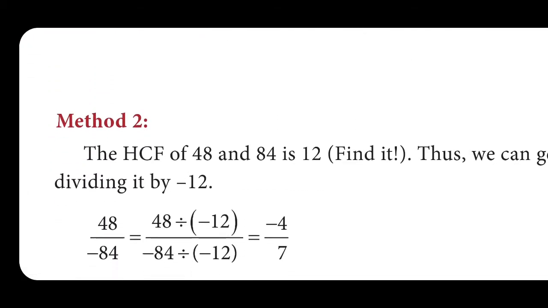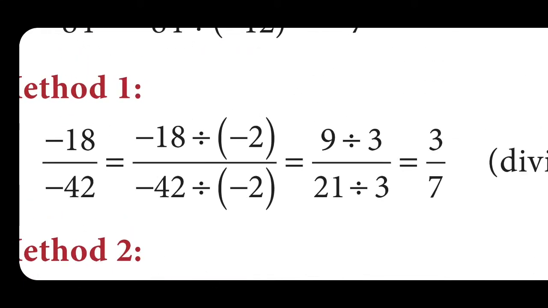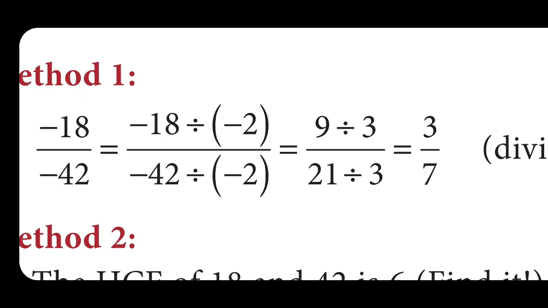Next, we are going to see the next sum, second Roman numeral, minus 18 by minus 42. Here also 18 and 42 are even numbers, therefore it has a common factor 2. We want to cancel the minus on numerator and denominator, that's why we divide by minus 2 on numerator and denominator. So minus 18 divided by minus 2, minus 42 divided by minus 2. 18 by 2 is 9, 42 by 2 is 21.